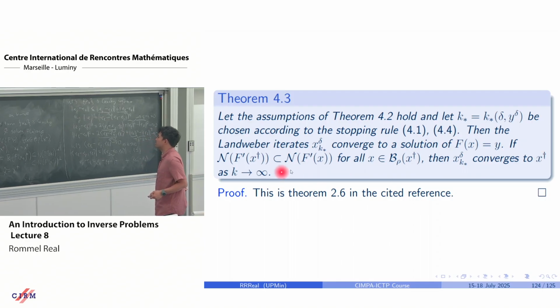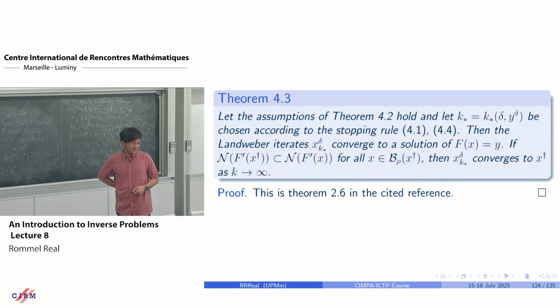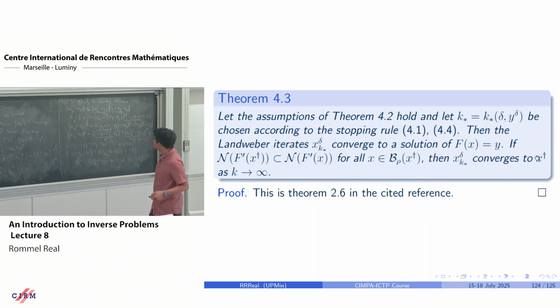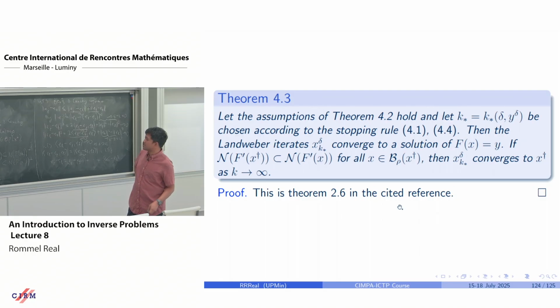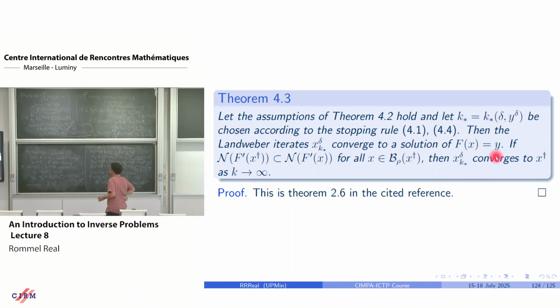And this is theorem 2.6 in the reference, so you can check that one out. Okay, so again, that's about the convergence. Also in the reference, you can read about the convergence rate. So if you want to go deep in this nonlinear Landweber iteration, you can check that out. And then that actually ends the lecture.